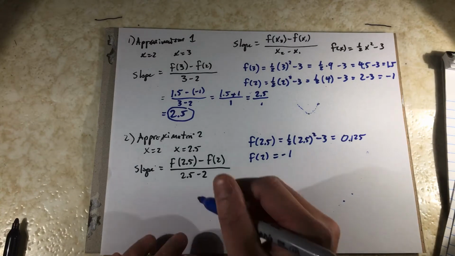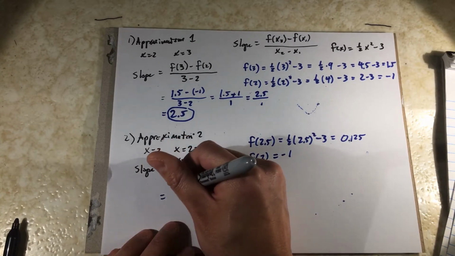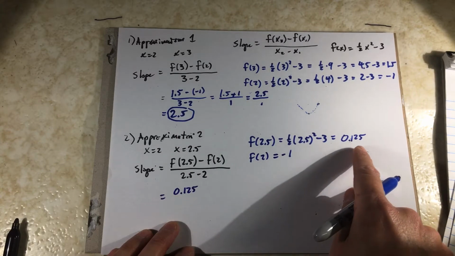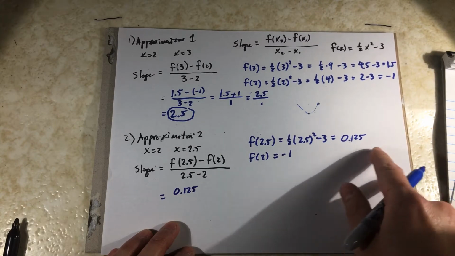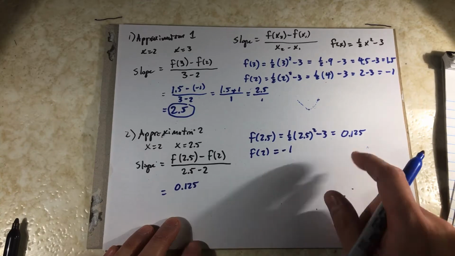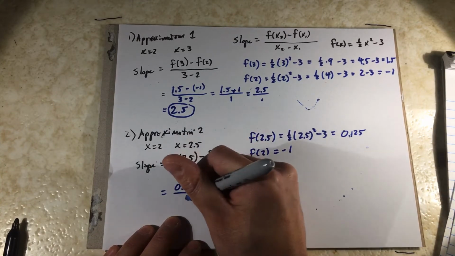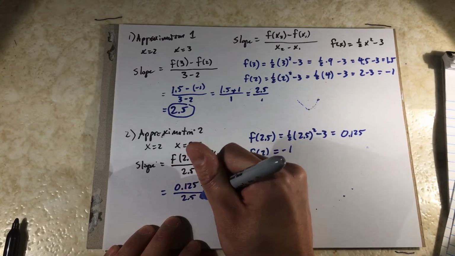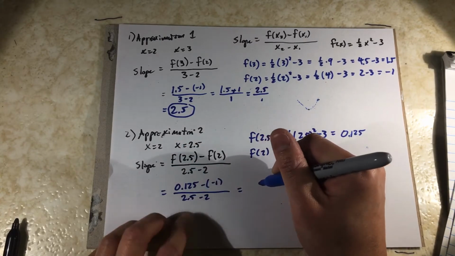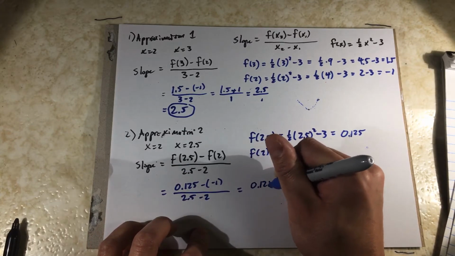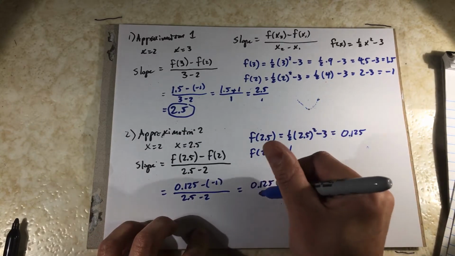So let's plug those values in, and I get 0.125. And also, I would suggest when you do this, just keep a bunch of decimal places. If you can actually store it in your calculator, that's even better. Minus -1 over 2.5 minus 2. So this becomes plus 1 because of the double negative.